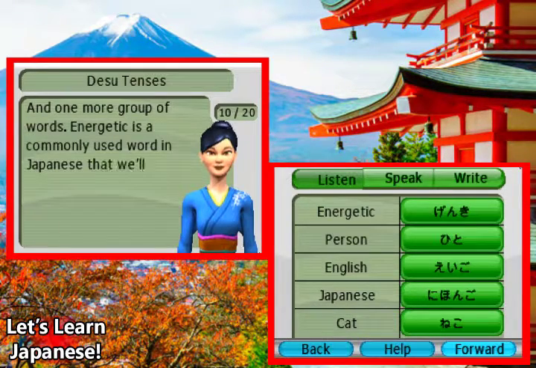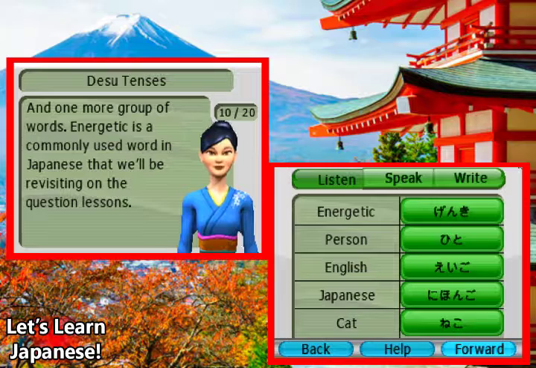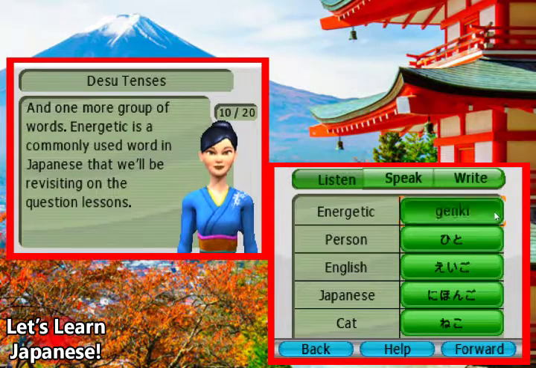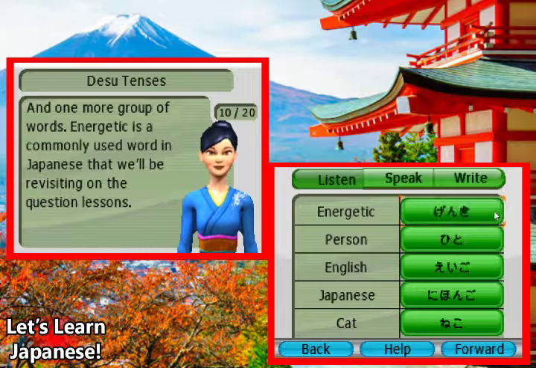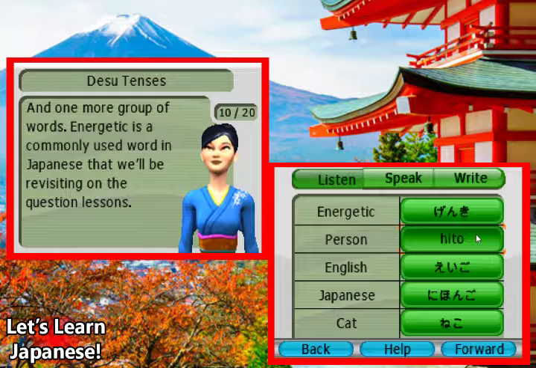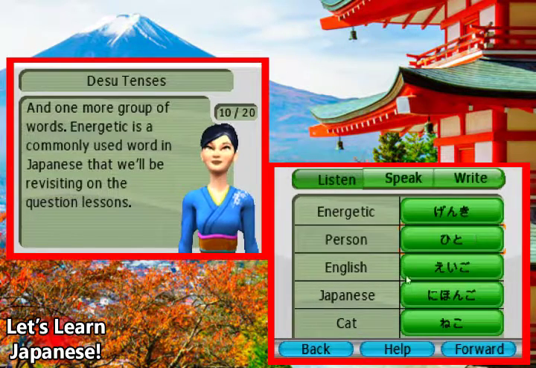And some more vocab. Energetic is a commonly used word in Japanese that we'll be revisiting on the question lessons. Whenever we get to ask questions, we'll look at genki again. 元気。 Genki. There we go. It sounded like it was staticky. We know this one, hito. 人。 From otoko no hito and onna no hito. Person.